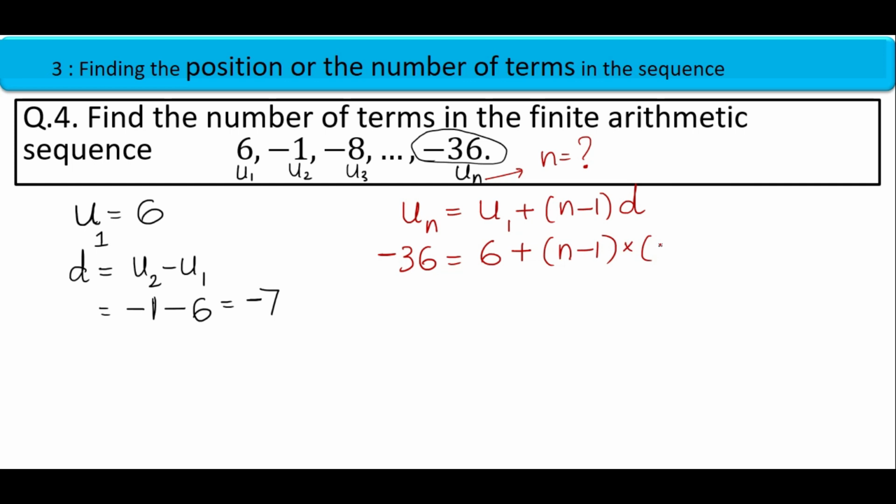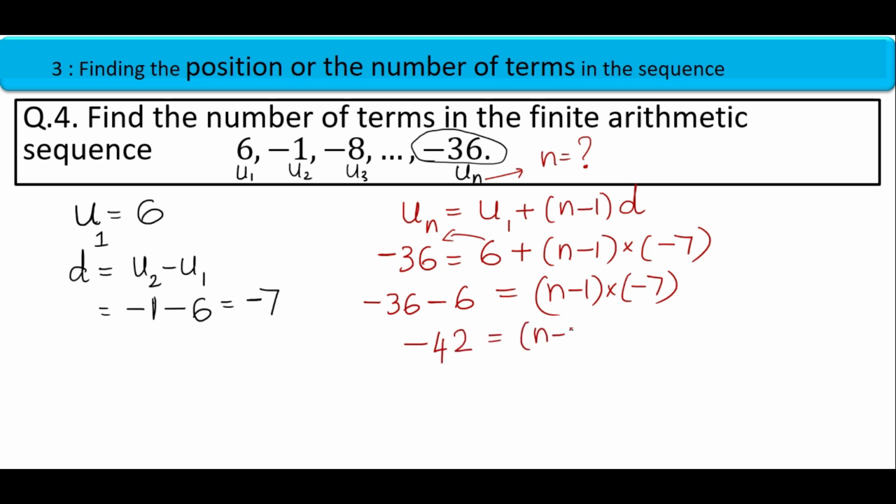d is negative 7. Negative 36, I shift the 6 to the side. The remaining here is (n minus 1) times negative 7. I have minus 42 equals (n minus 1) times negative 7. So my plan is to divide this.